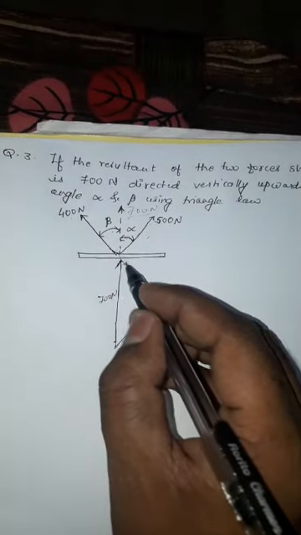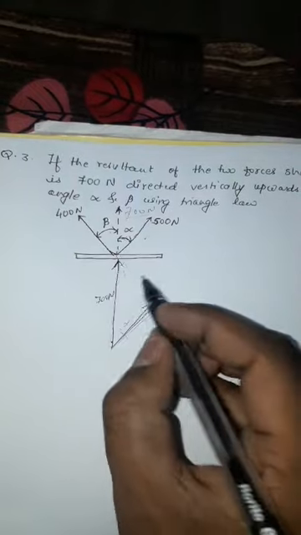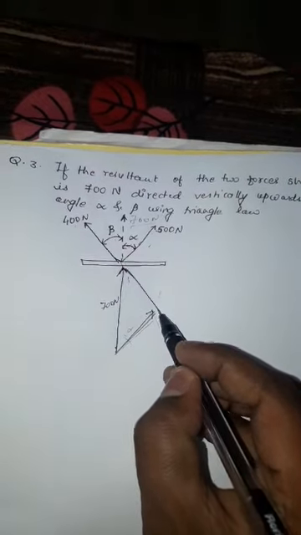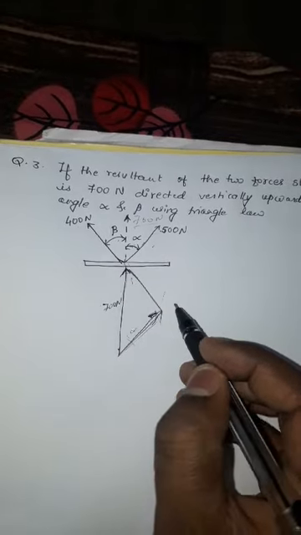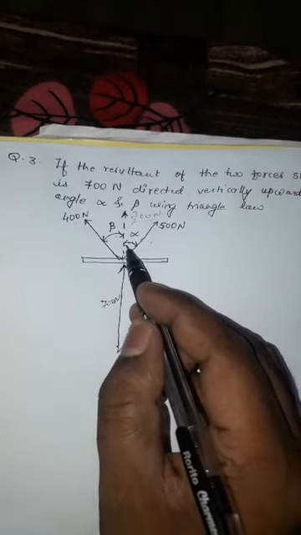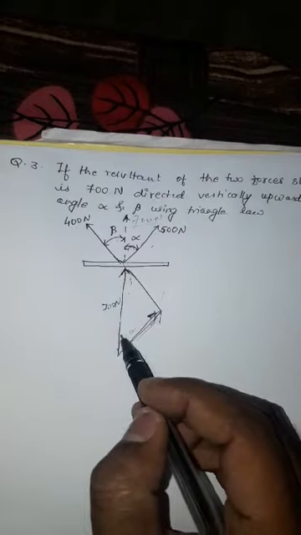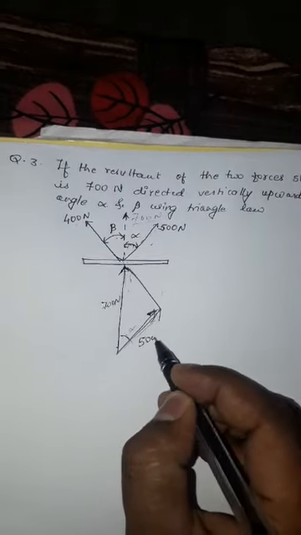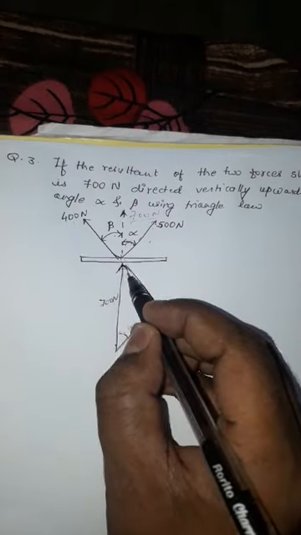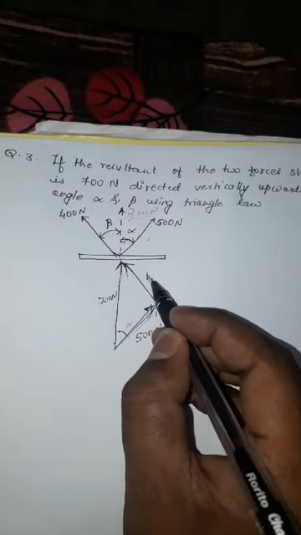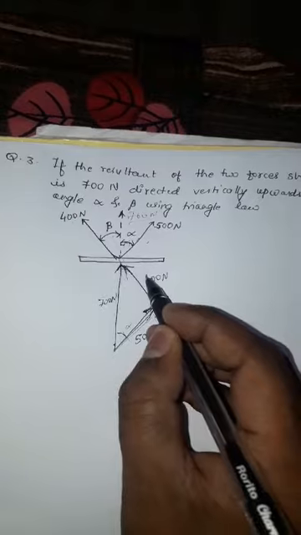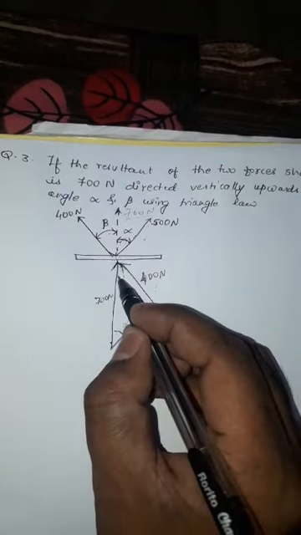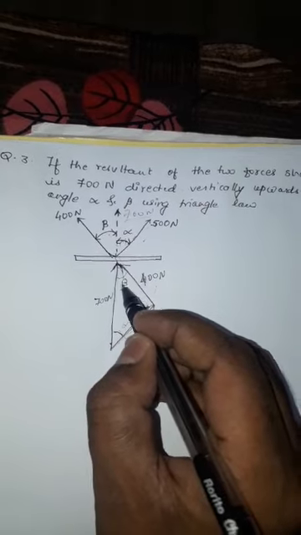And next I am extending the line of action of this 400 Newton. As this is alpha, the angle with the vertical of this 500 will become alpha. So this is 500 Newton. This is 400 Newton. As this is beta, this will become beta, the opposite angle.